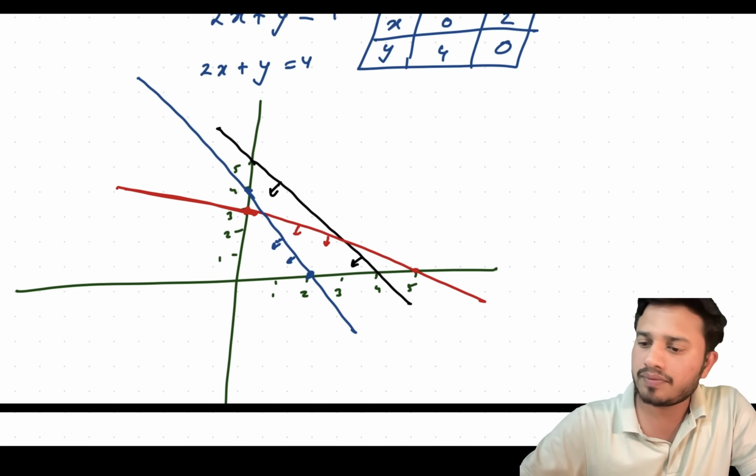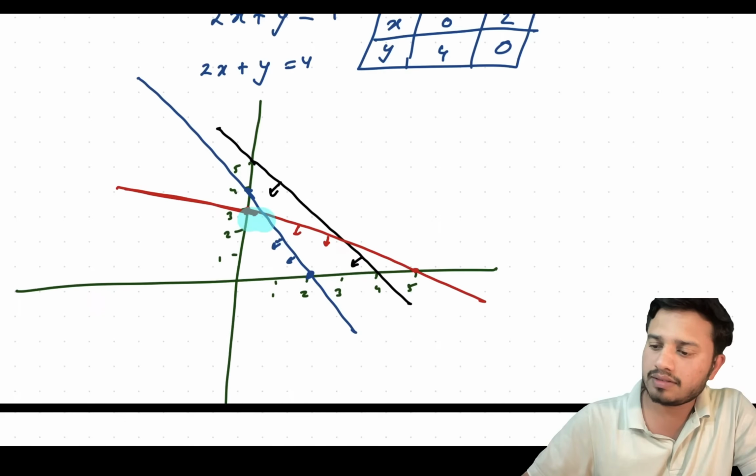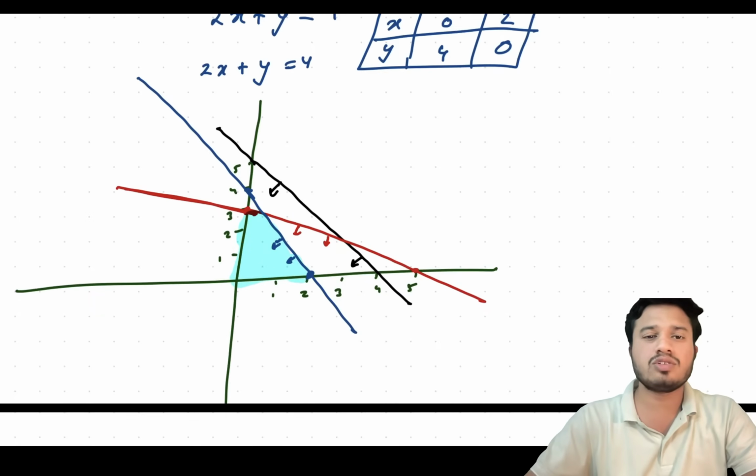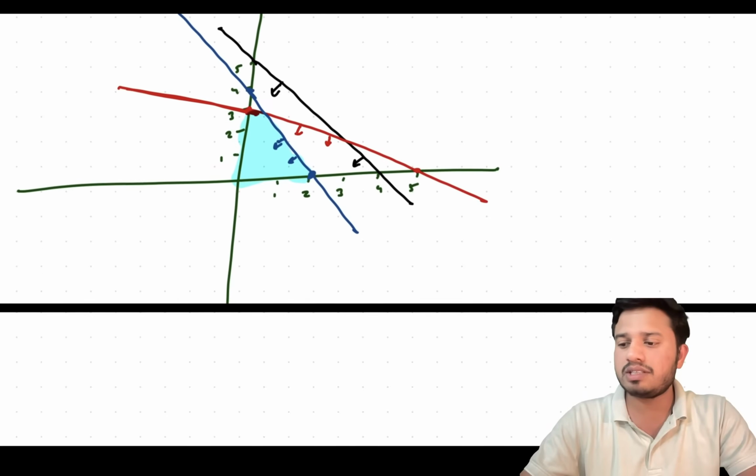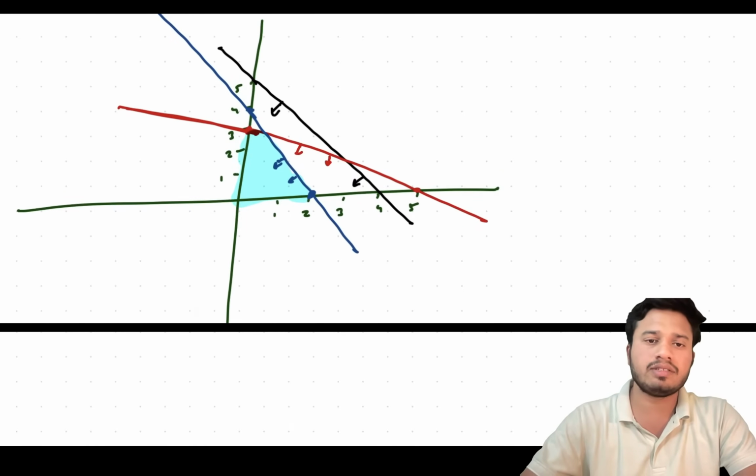So you have to take the common region. This is the common region, also known as the feasible region. Feasibility means here we will check the optimal, and we don't have to go beyond.